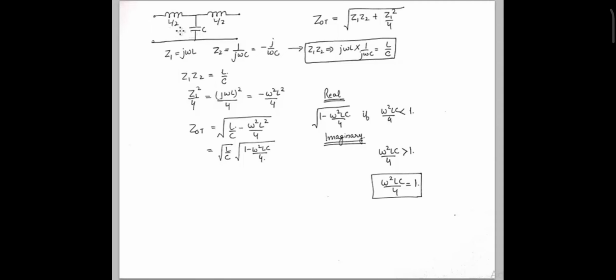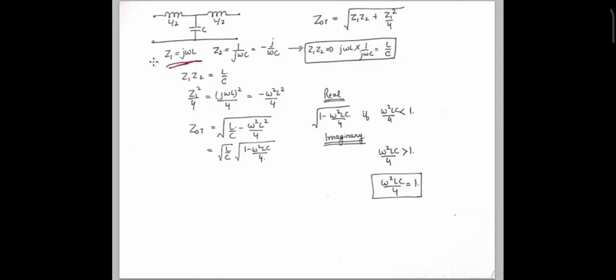Now we know the definition of a low pass filter and everything, why inductor is connected in the series arm, why capacitor is connected in the shunt arm. That has already been discussed in the previous videos. So we know that the series arm Z1 has a total impedance of j omega L because L1 by 2, L1 by 2.